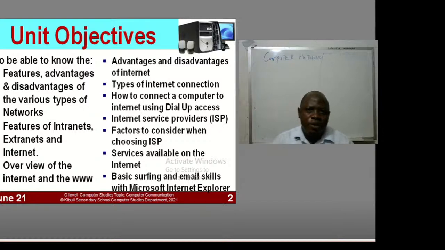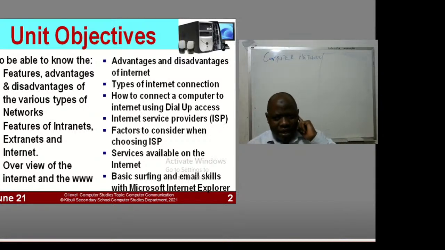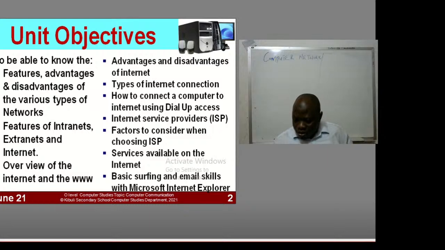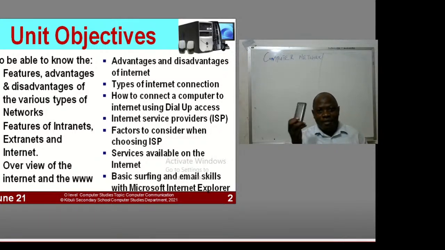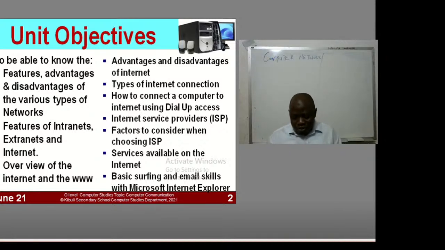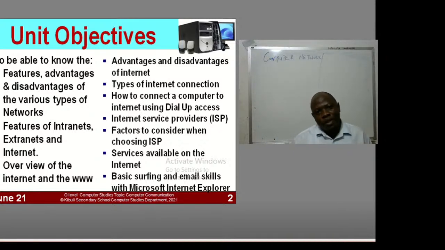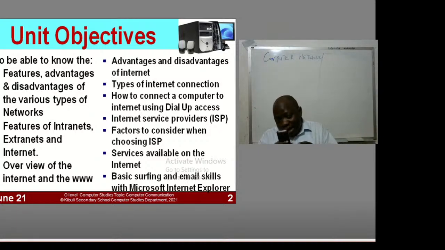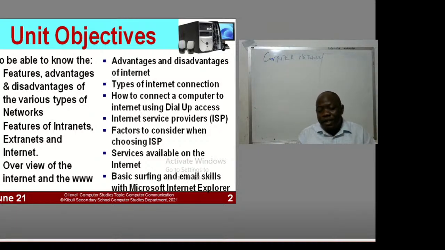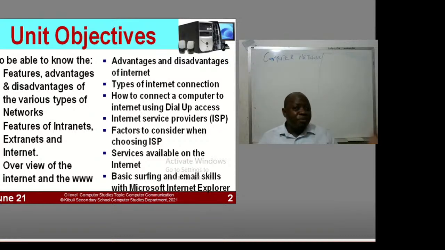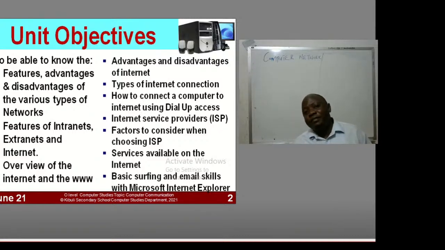And I have been echoing this into your ears, that it's not only the PC, these desktop computers that are computers. Even this small gadget I have here, it inputs data because you have to get a number and then type it in. Then after typing the number, you can decide to save the number, because at times you cannot remember all the numbers, so it has saved the data.